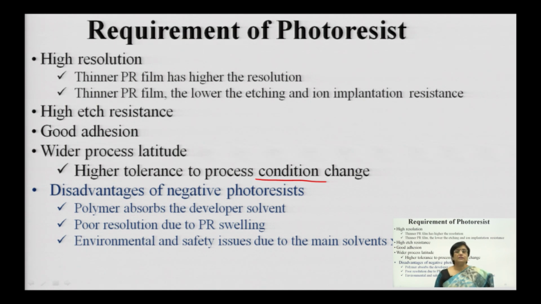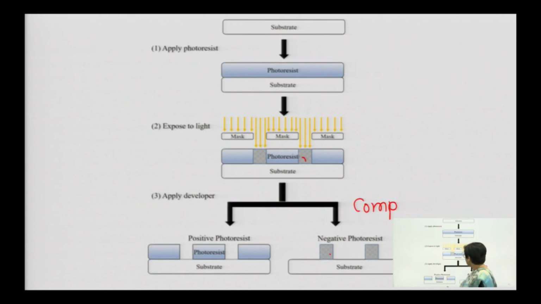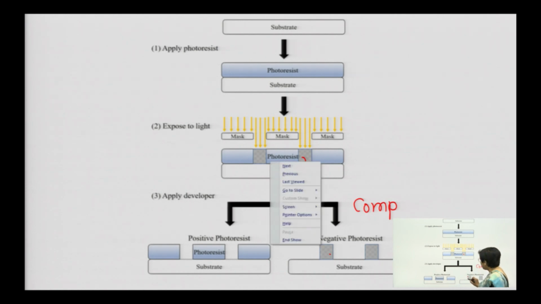Now, for this property, negative photoresists are not as good, because the polymers which are available in that absorb the solvent and get swollen up, and naturally the pattern transfer is not very efficient in that case. We have seen over here, just see this. When you are exposing it, the solvent comes in over here, and this becomes swollen.